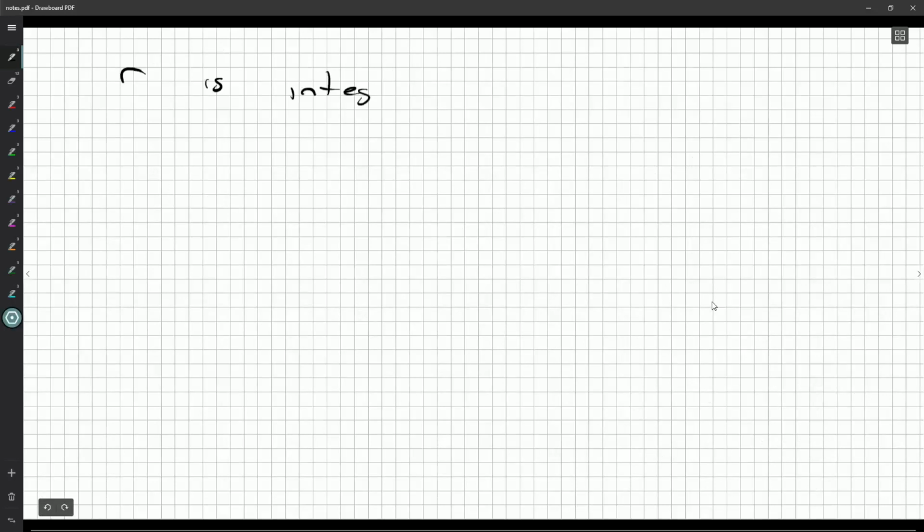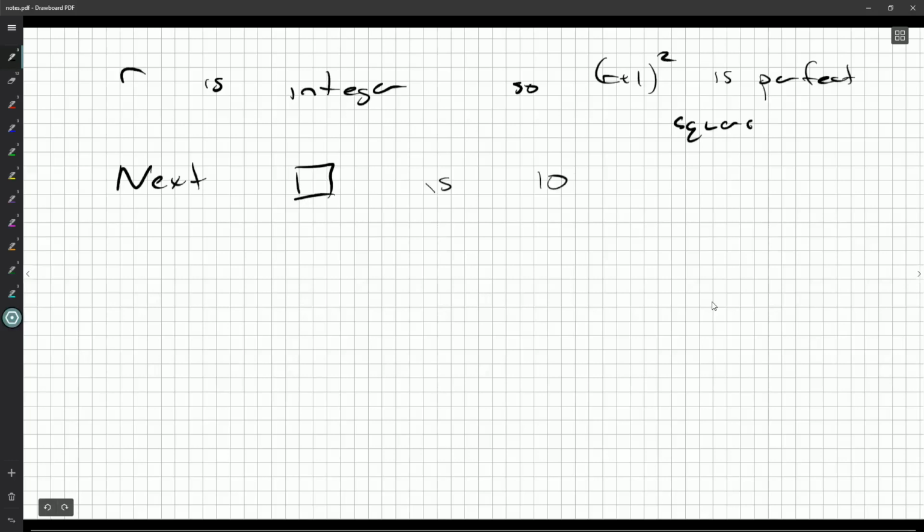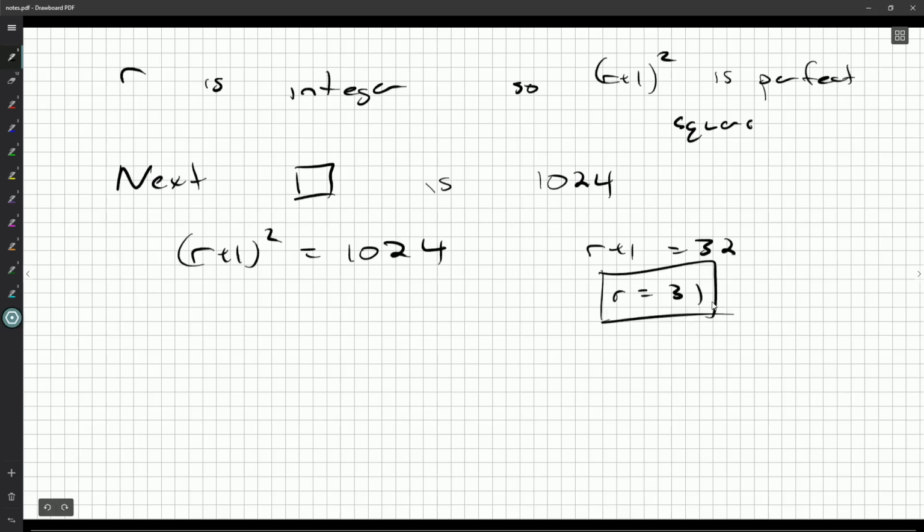R is an integer. So R plus 1 squared is a perfect square. The next perfect square is 1024. So if R plus 1 squared is 1024, R plus 1 would be 32, so R will be 31. And that should be the smallest value.